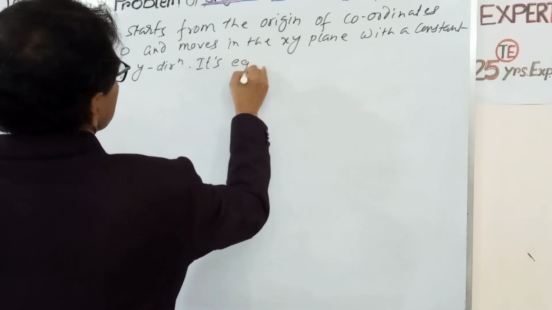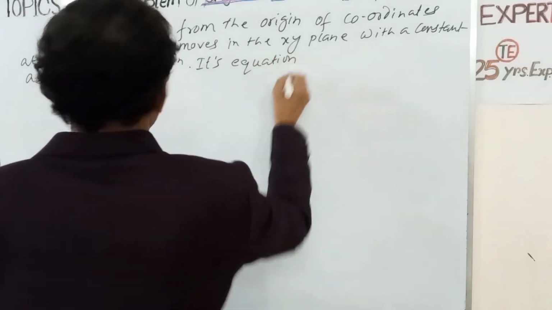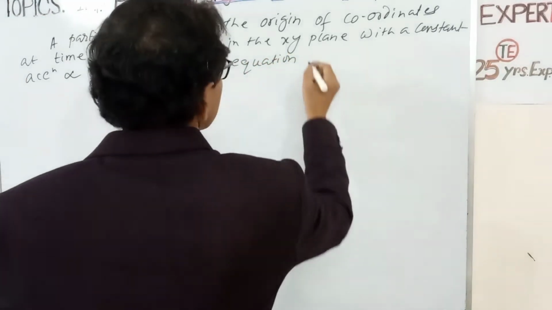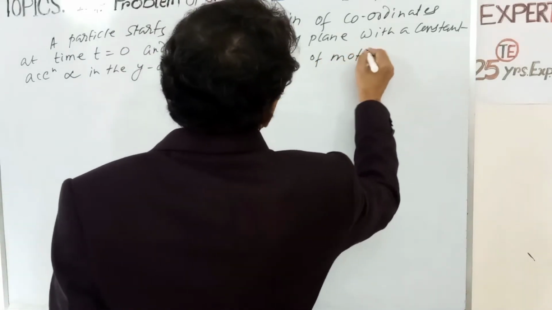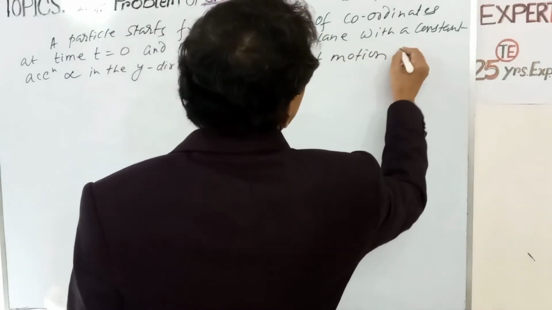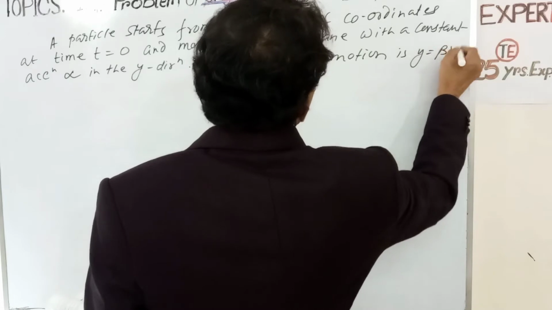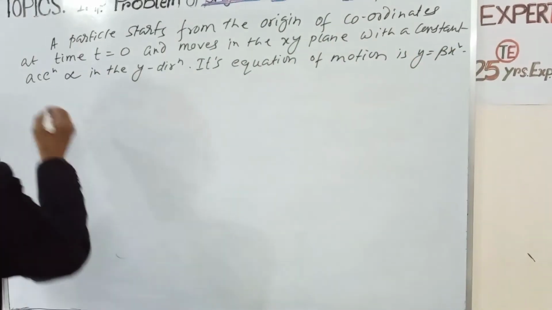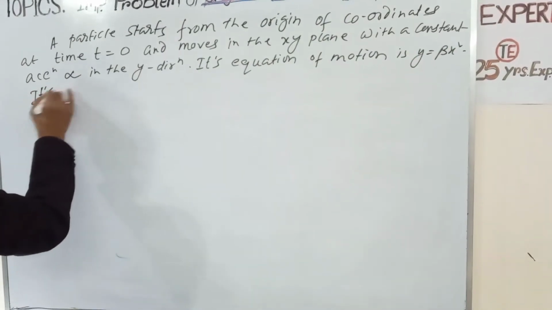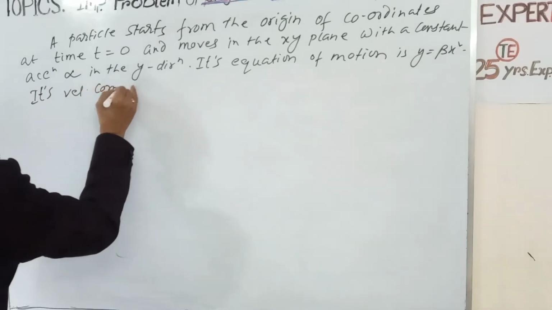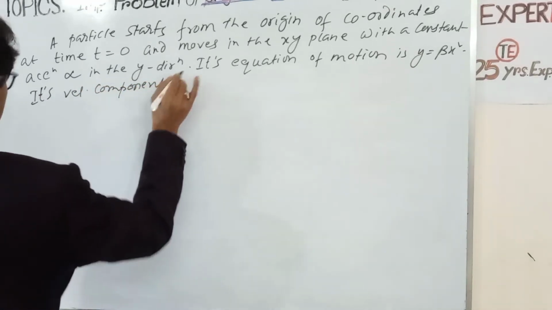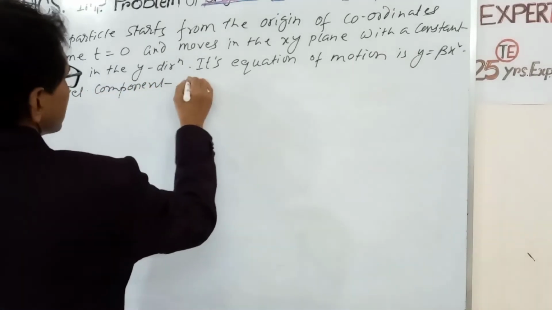Its equation of motion is beta x square, its velocity component in the x direction.